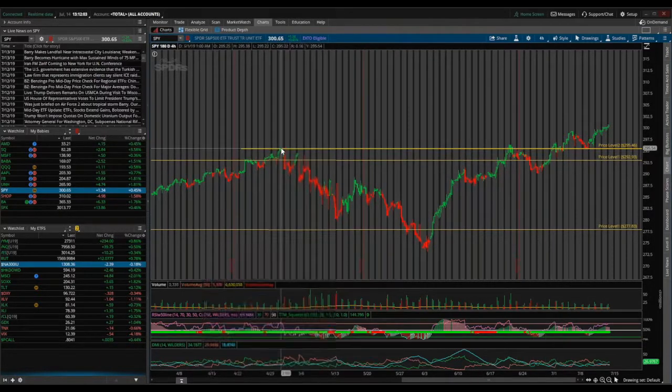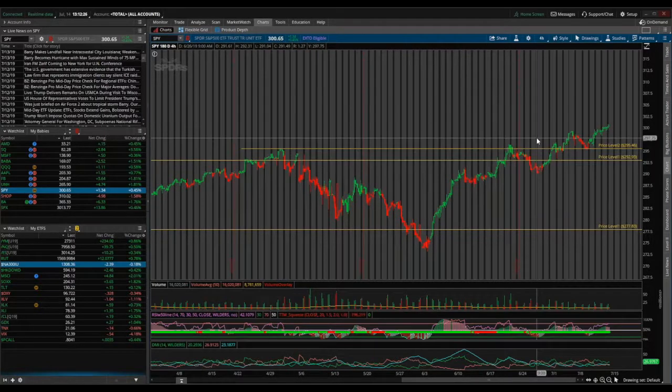So here we know that there's trouble. If you're in calls and this price hits, maybe you want to get out and take that profit. Even over here, just because it went higher didn't mean you had to hold. You could have locked in some profit and got back in, right?